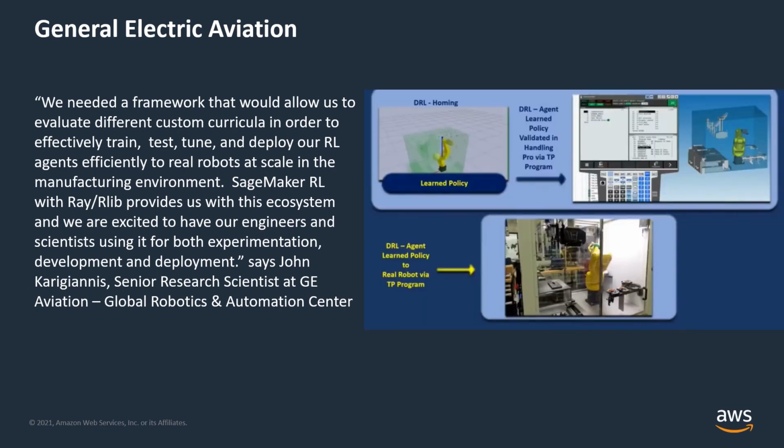So on the top you're seeing the simulation, and on the bottom, you're seeing the real robot starting to enable the behavior that was learned by the reinforcement learning agent.